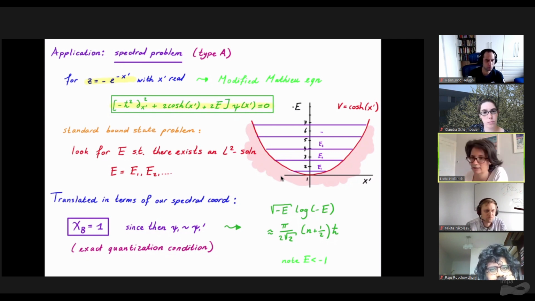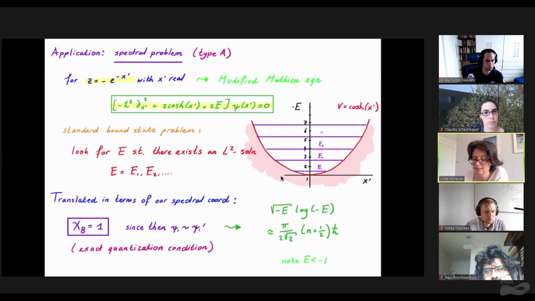So it's more like the harmonic oscillator. And in this case, there is a standard bound state problem associated to this equation. Just like the harmonic oscillator, we look for energies E such that there exists an L2 solution to this equation.